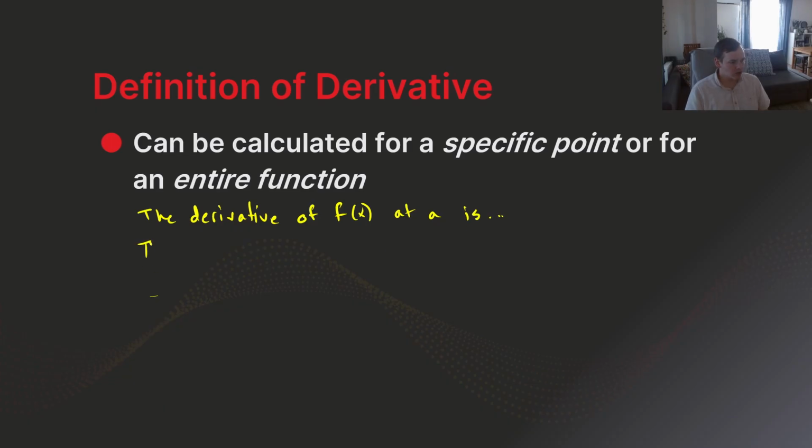I can also say the derivative for the entire function, the derivative of f of x is, and then say a function. So either the derivative can be calculated for a specific point, getting a specific value, or I can get a function, and we'll look at those in a minute here.